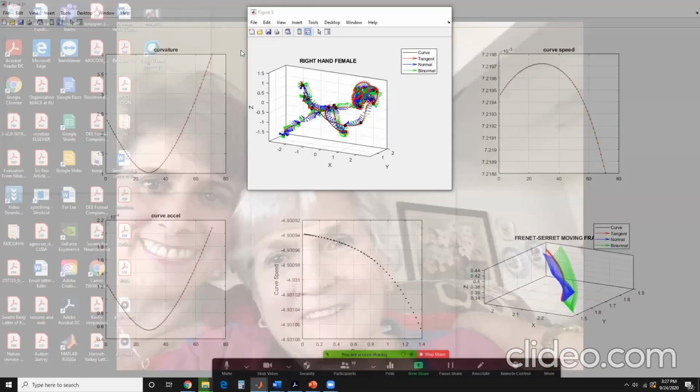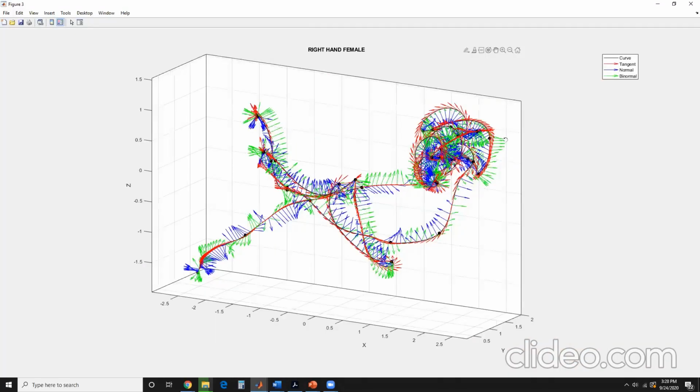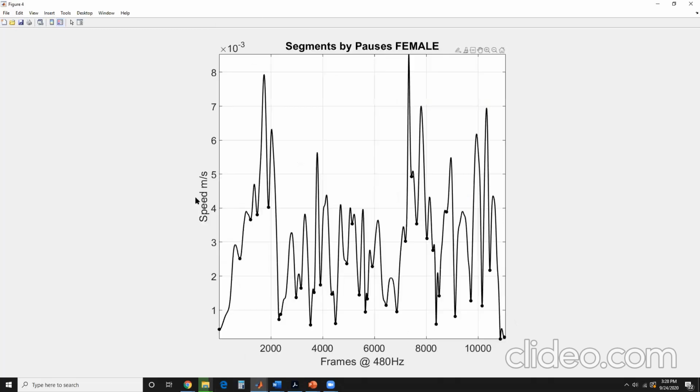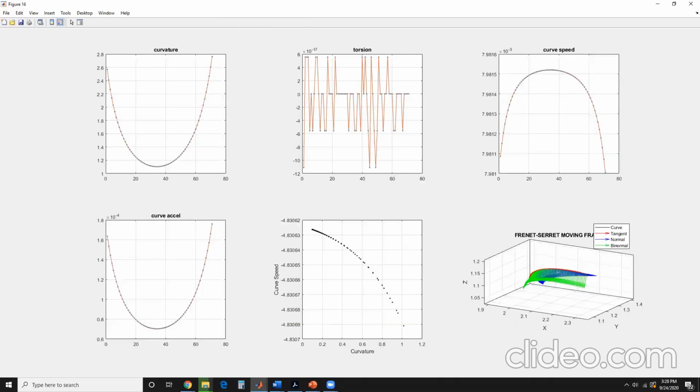And this is the female curve, another complicated curve, because they're doing ballet. So this is not like a simple pointing behavior from a resting position to the target, or clicking the mouse in a task. These are very complicated trajectories, and that would be the corresponding speed profile derived from the curve, with the pauses to segment each one of these segments and then study their properties individually.